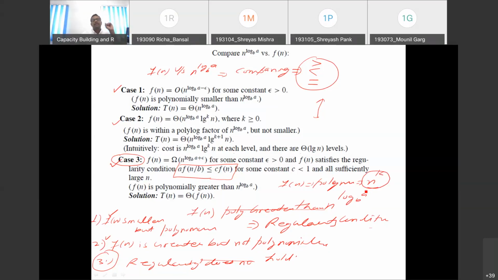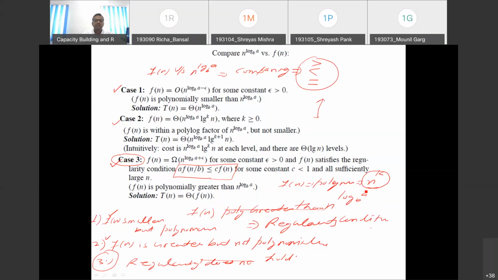So for recurrence relations in which f of n is a polynomial function, there is no need to check the regularity condition as it is always going to hold. Done. So your first task today is to prove that the regularity condition holds for f of n being a polynomial function.